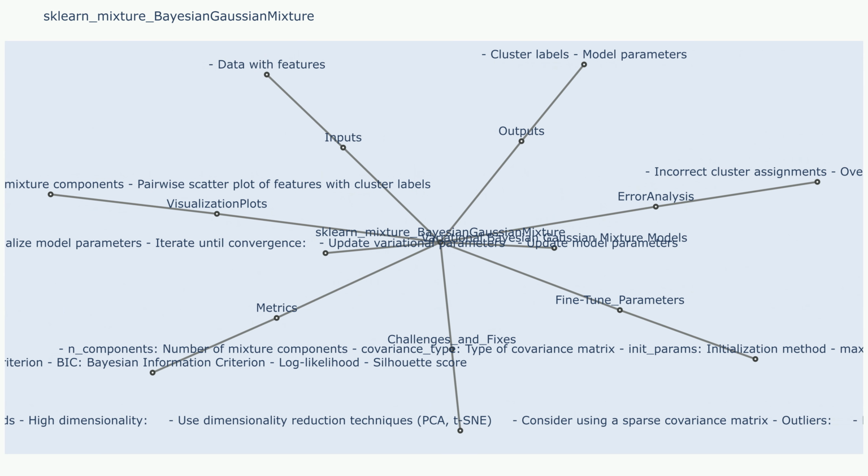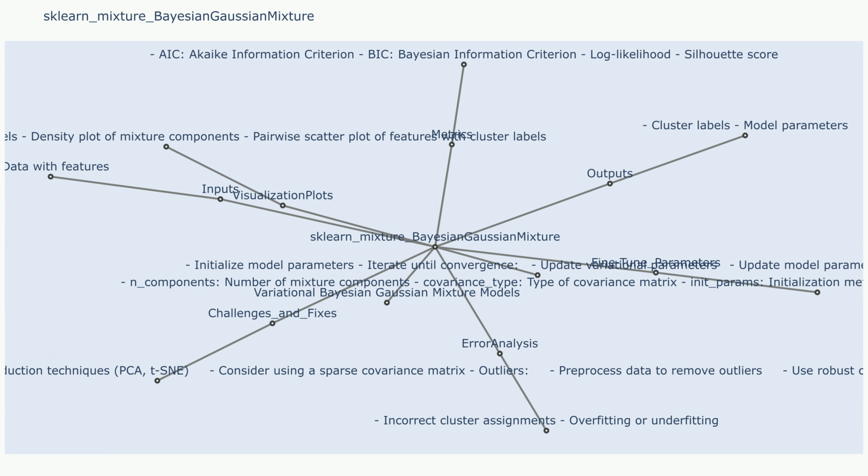M step updates the model parameters, weights, means, and covariances to maximize the likelihood of the data given the current component assignments. Bayesian inference: the model uses a Dirichlet process prior to regularize the number of components, preventing overfitting. The prior encourages sparsity in the model, effectively selecting the optimal number of components.